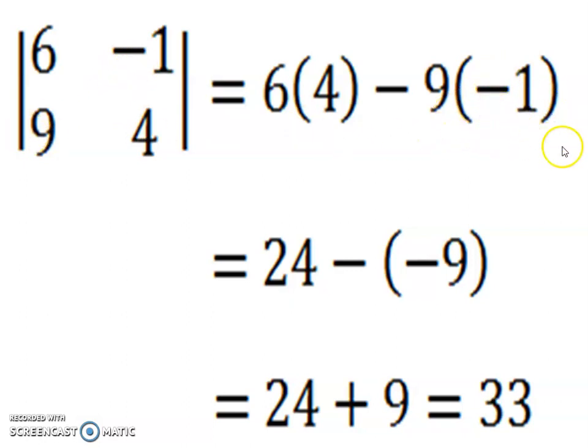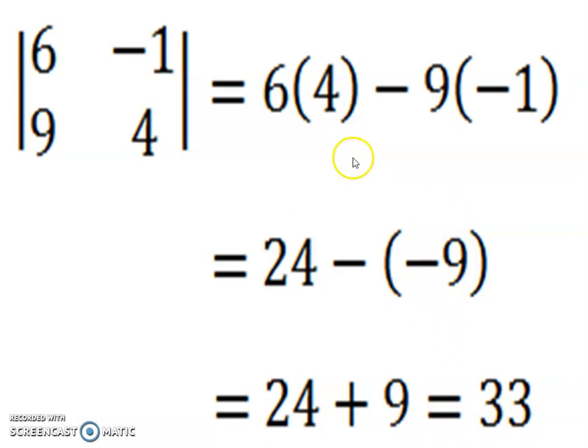So I put brackets around the minus 1 element. So we have 9 into minus 1, that is minus 9. That is a into minus b is minus ab. 6 into 4 is 24. We know that if outside the bracket there is a negative symbol, we must take the addition of that bracket. That is 24 plus 9, which is obviously 33.